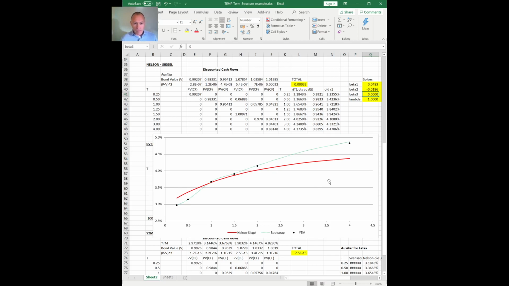Okay, so I would try some numbers here. So let's see, 0.01. Okay, it looks a little bit better. Lambda 1, it's not bad. So this is actually more or less in line with what we want. So we are expecting the yield curve to be more or less like this. So this is a reasonable starting point.